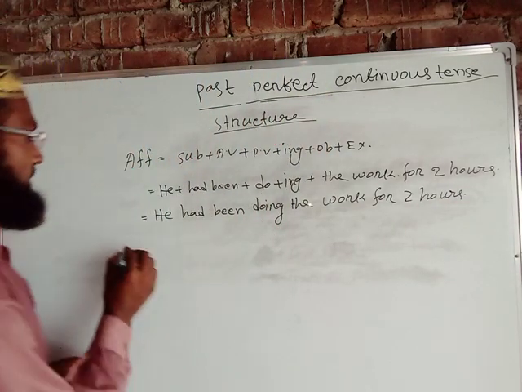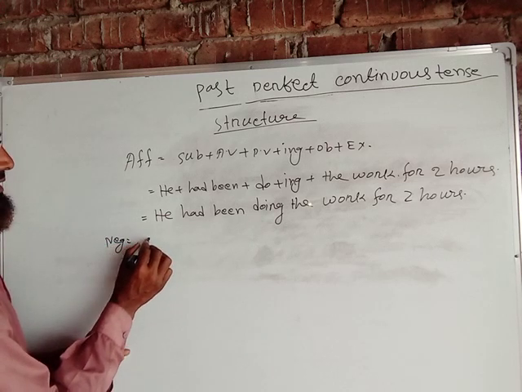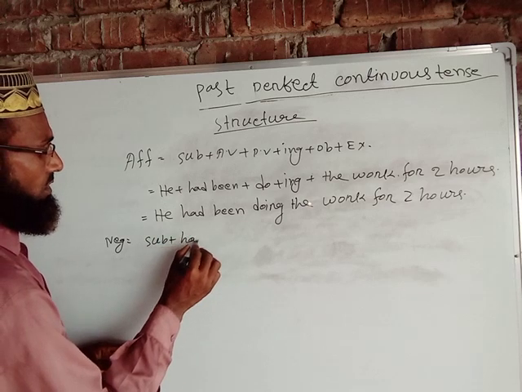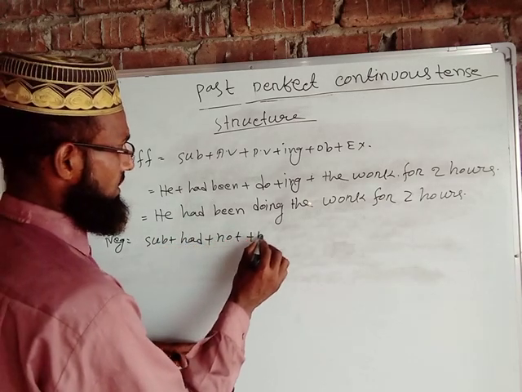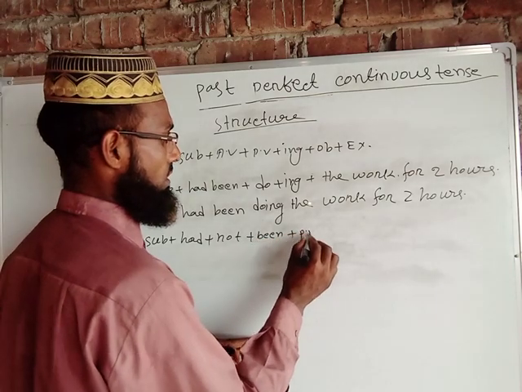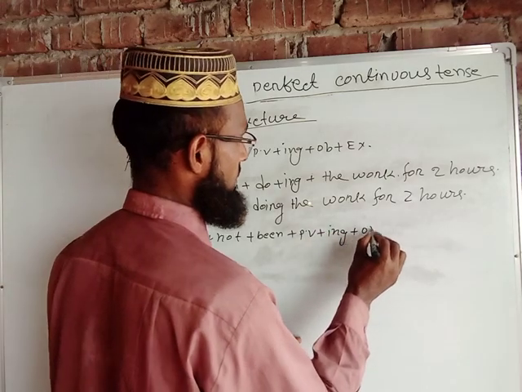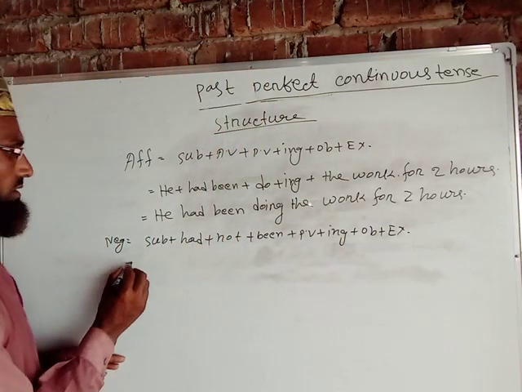Okay, student. Negative: subject plus had plus not plus been plus principal verb plus ing plus object plus extension.